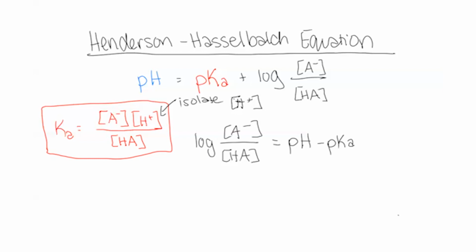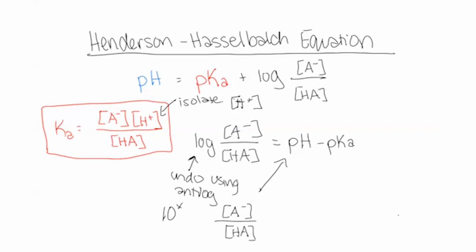And so what we want to do is undo this using the antilog, which sounds really scary, but basically the antilog base 10 is going to be 10 to the x. And we have to do this to both sides to keep things even. So what we're going to end up with is that our ratio of the conjugate base over the conjugate acid is going to be equal to the antilog of pH minus pKa.